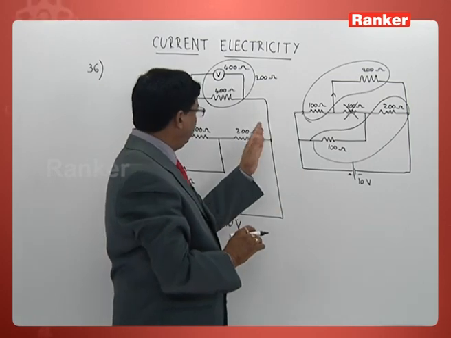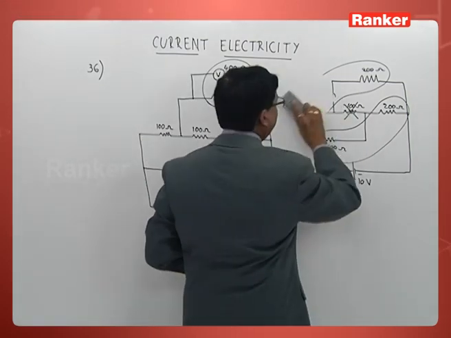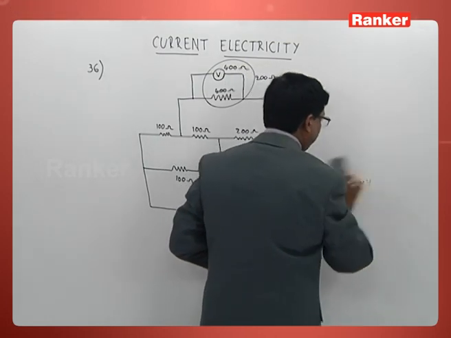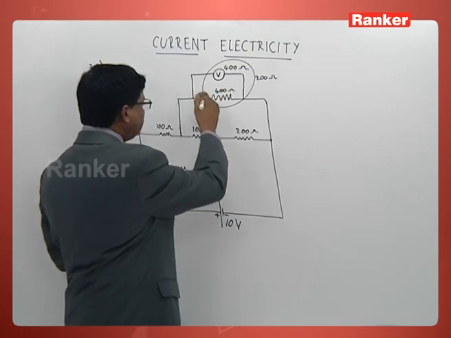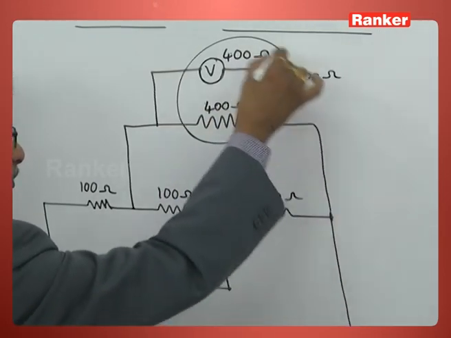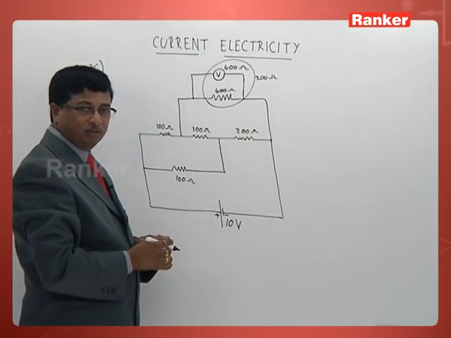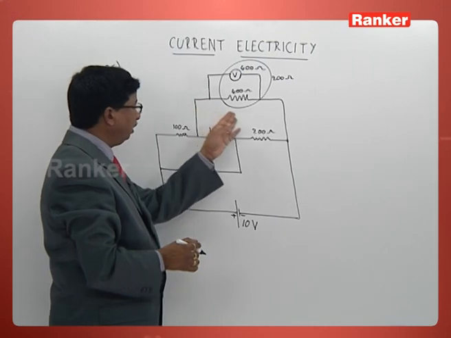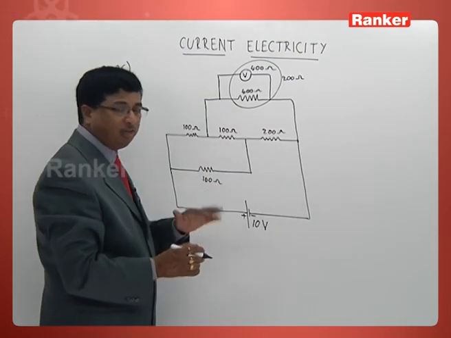You need not even draw this one also. You can directly understand that one from this system. The moment you observe that, the effective resistance of these two is 100 again. So you can understand that 200 and 200 are in series, 100 and 100 are in series. Both are now in parallel.